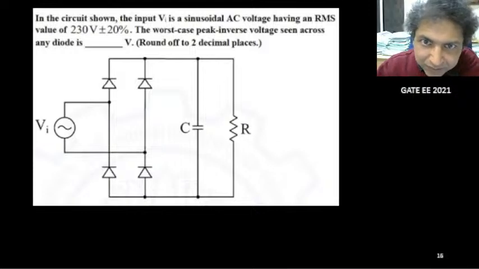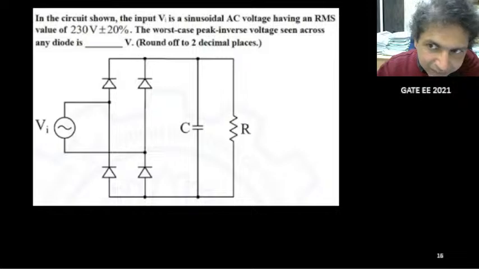Anyone? So this circuit is nothing but a full wave bridge rectifier.